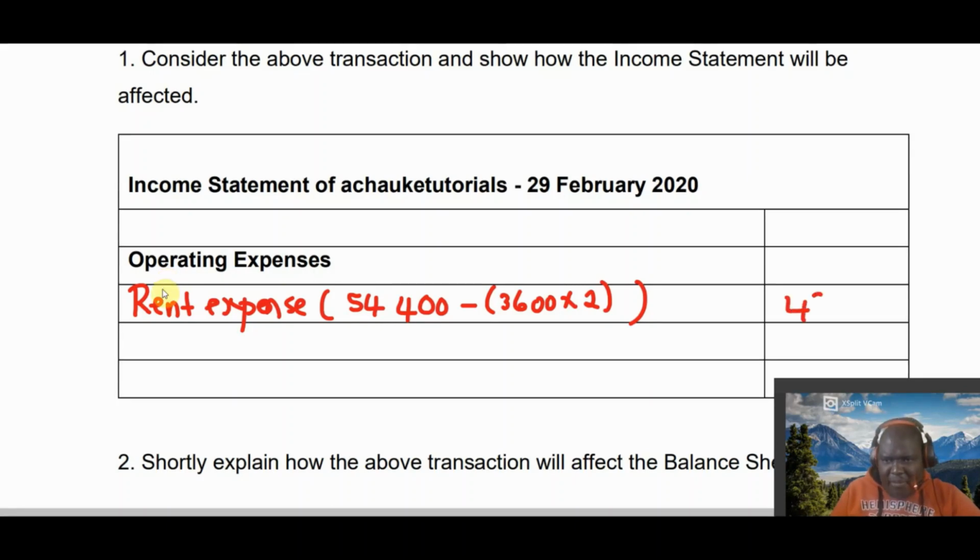You will get 47,200. So this means that this will be the correct figure for the income statement. This is how much we were actually supposed to spend for the rent expense.